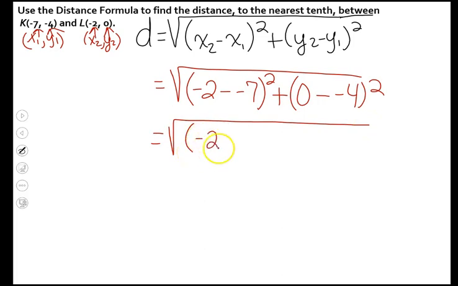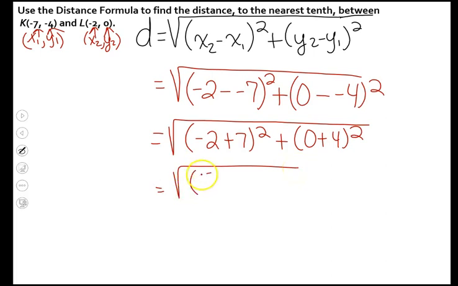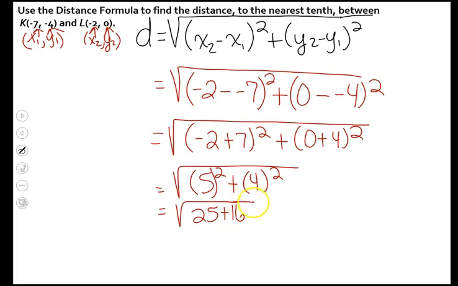But if not, you have -2 plus 7 squared plus 0 plus 4 squared. So that gives you 5 squared plus 4 squared. 25 plus 16 is 41. So your answer would be the square root of 41. That is the distance between those 2 points.